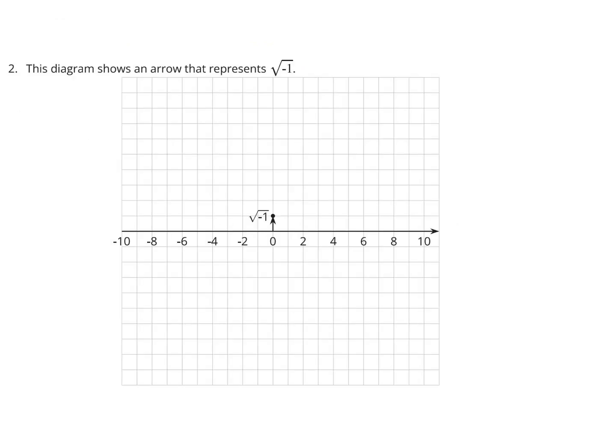Now this diagram shows an arrow that represents -1. So this right here is not XY coordinates. This is the real axis, and this axis right here is imaginary, to help you understand how imaginary numbers work. They work just like numbers, but they're not real.